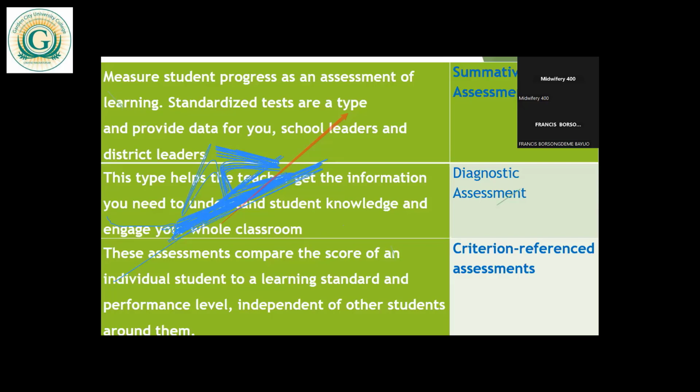So my sister, the two will not come at the same time. Diagnostic assessment is alternatively baseline assessment. These are assessments that we do before we even engage the class or the audience. It is for us to know their knowledge level so that we know where to start from, because you have already prepared your information.